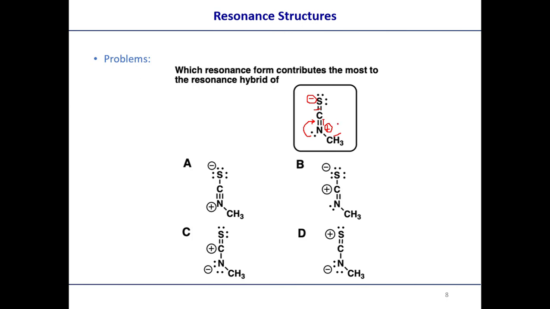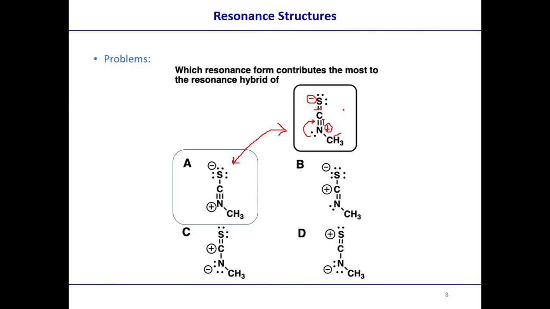So which one is similar to this structure? Which option? Option A. So option A is a resonance structure of this molecule. Correct? Why are B, C, D not? Because here you can see carbon is carrying a plus charge. That means it is an electron deficient species.